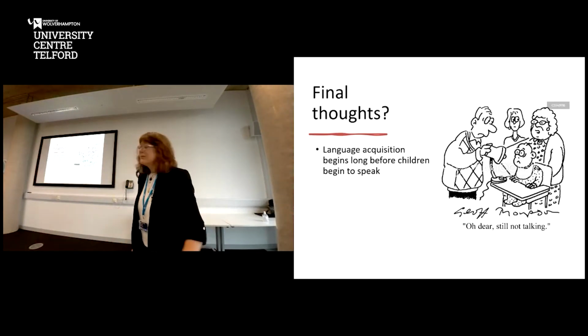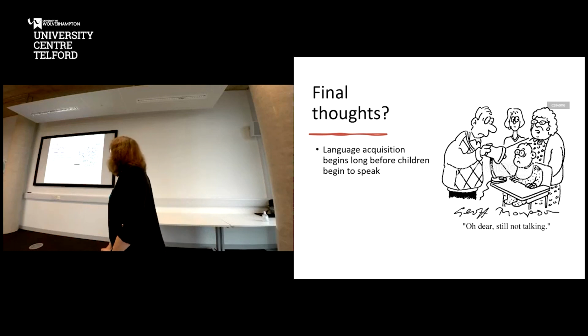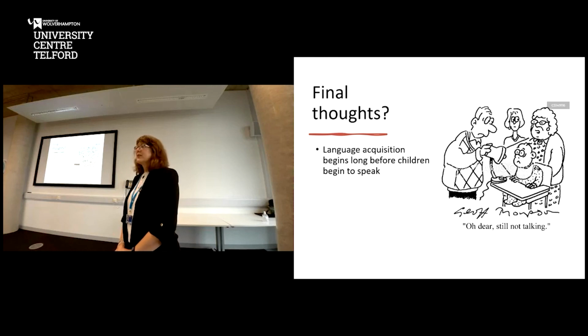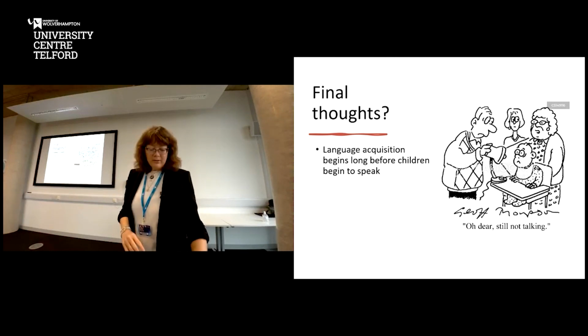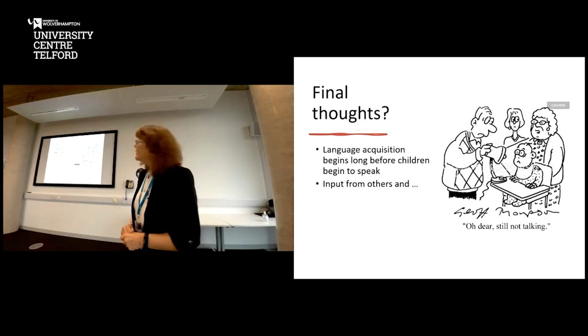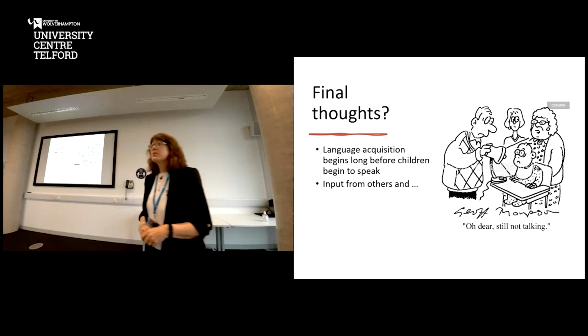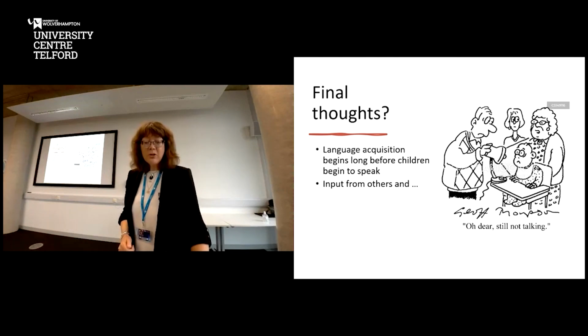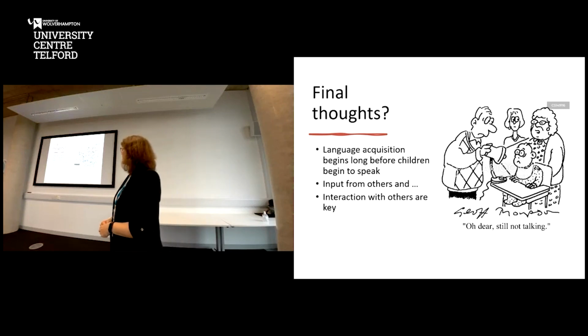Okay, so just some final thoughts. Language acquisition begins long before children begin to speak, and there are certain bits of equipment now. There are little helmets that you can put on babies' heads to see what's going on inside children's brains. Then input from others seems to be essential, but so does interaction with others.